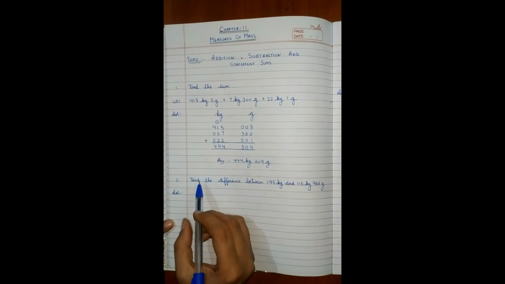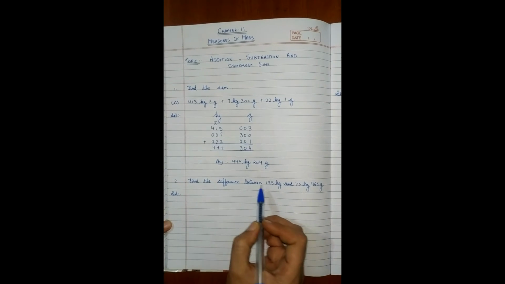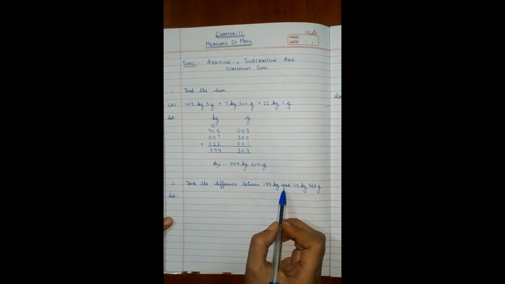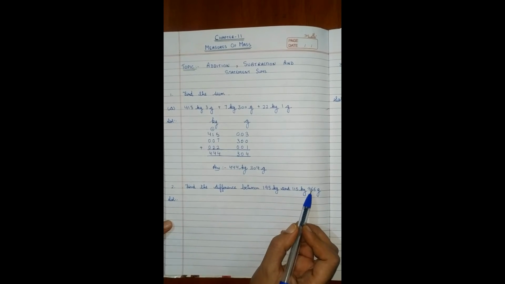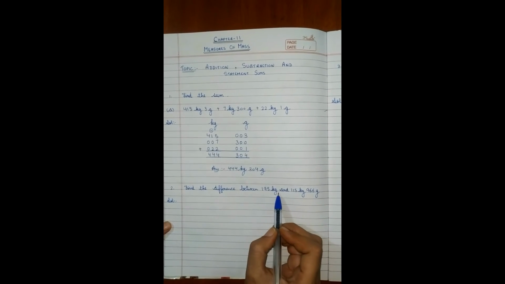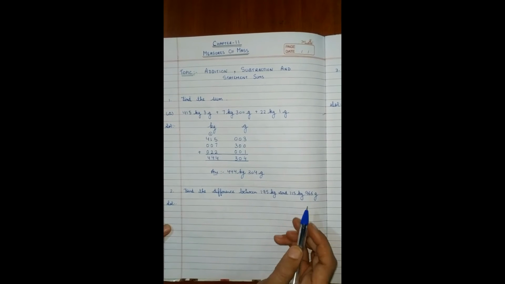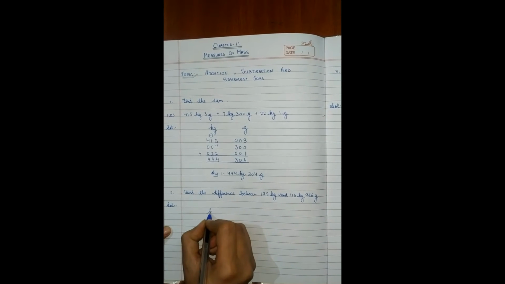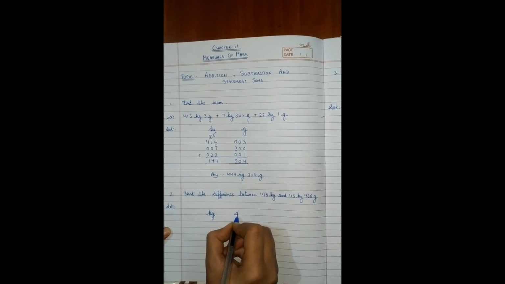So the next question is, find the difference between 195 kilogram and 115 kilogram 966 gram. Here two units are given to us, kilogram and gram.